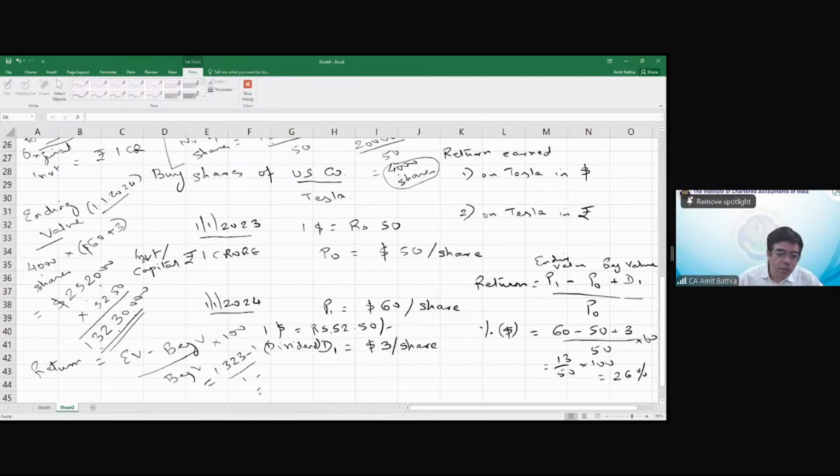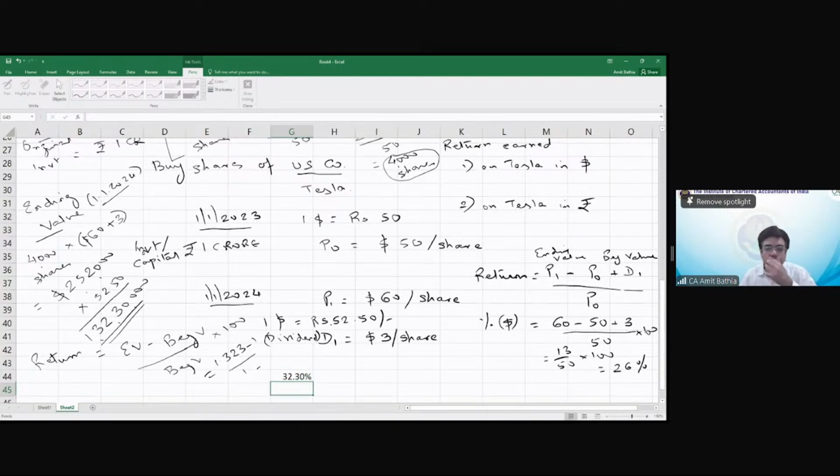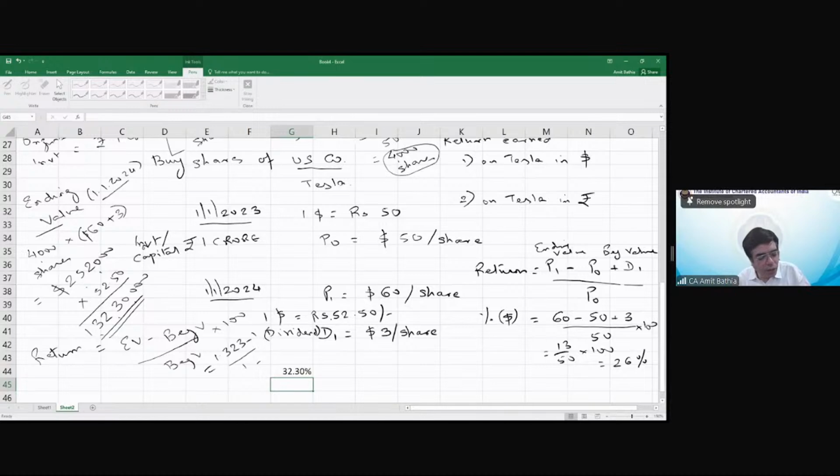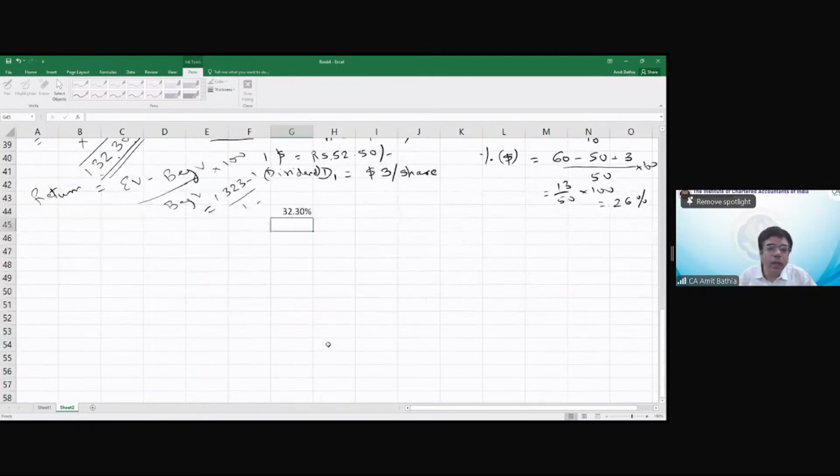So I have 32.30% as my answer. Now, when you're earning 26% in dollar terms, how come you're earning 6.30% more? The depreciation in rupee value, sir. Exactly. So there are two elements to it, right?